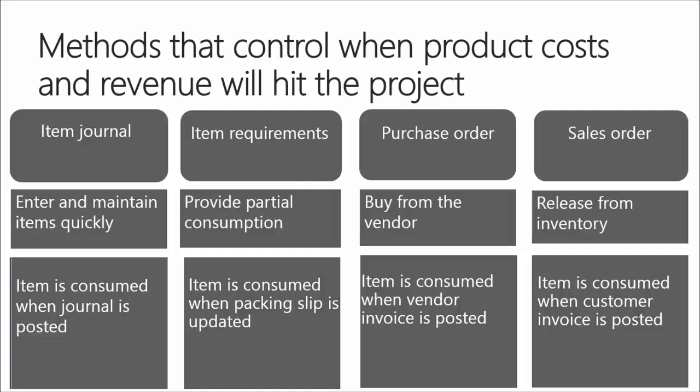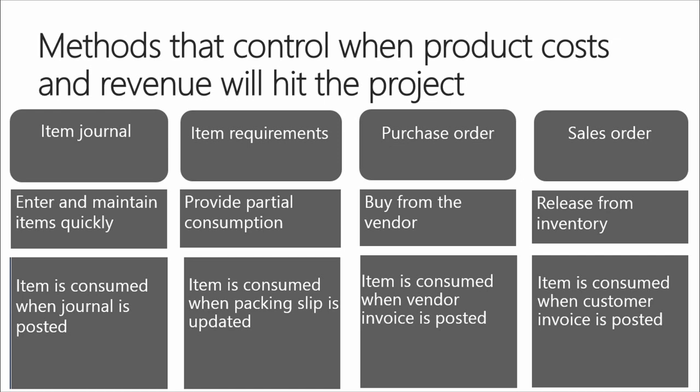Now let's drill down into different methods that control when the product cost and revenue will hit the project. You can go directly into an item journal in the context of a project and enter the product that you need and post that. This is a very easy and quick way where the moment you post the item journal, the cost and revenue will hit the project.